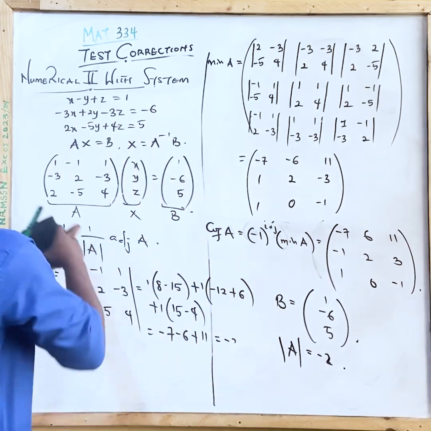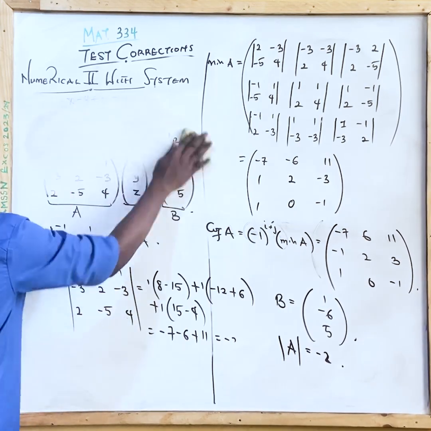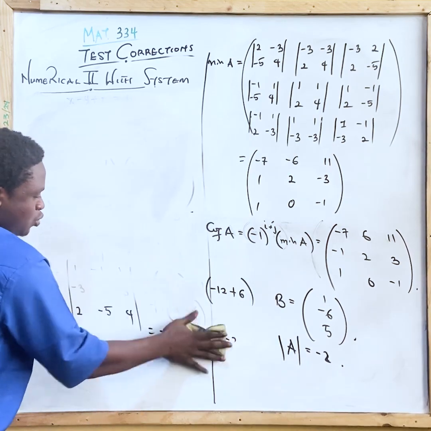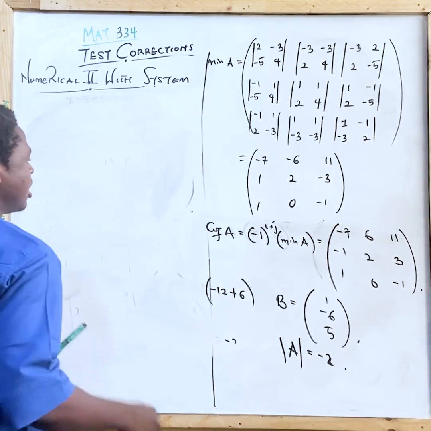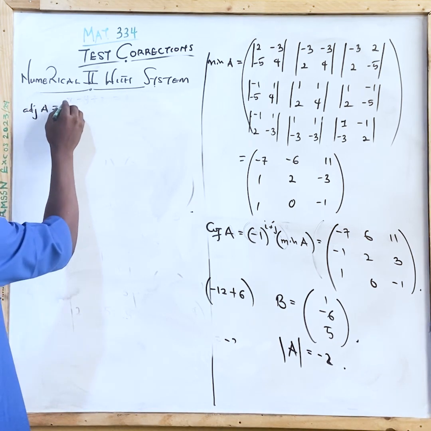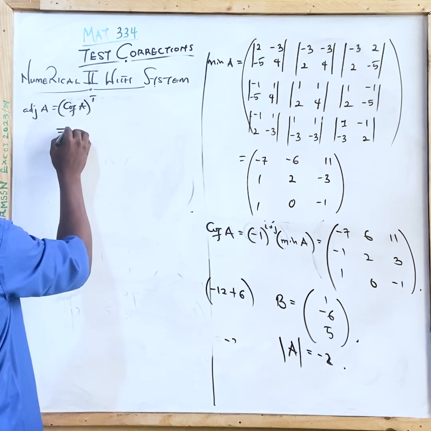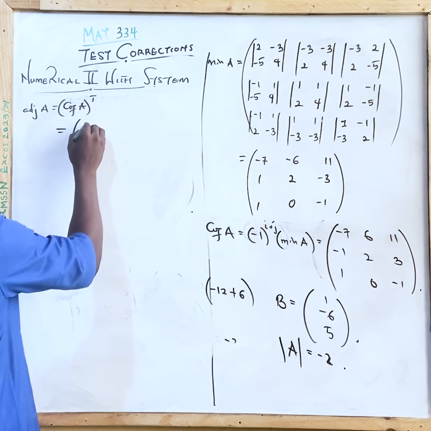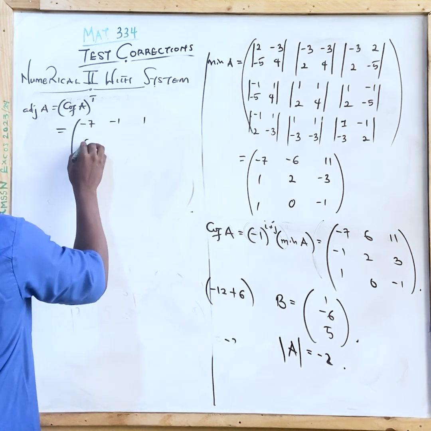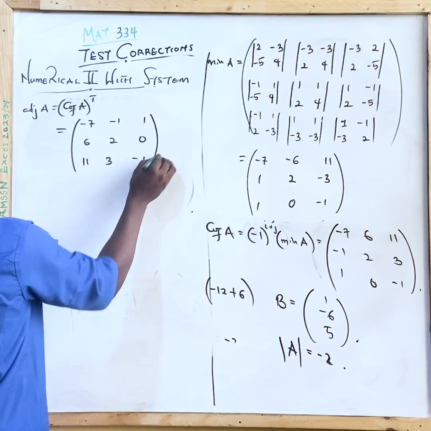Cleaning this part, we can now get our adjoint. So the adjoint of A is equal to the cofactor of A transpose, and that is minus 7 minus 1 1 6 2 0 11 3 minus 1. So we've gotten our adjoint.